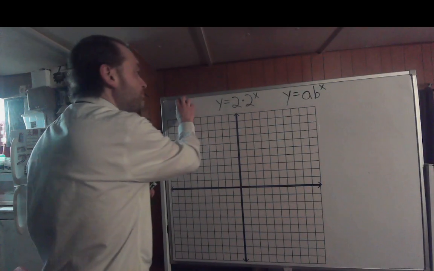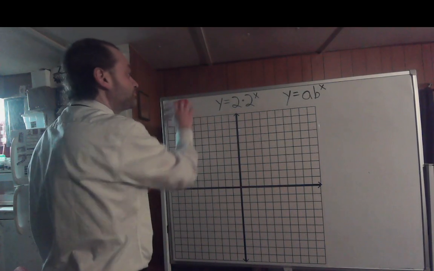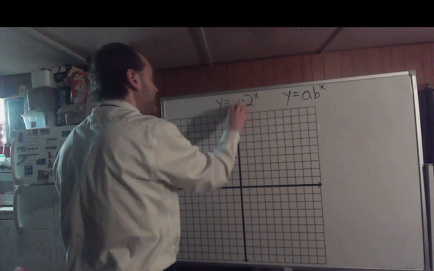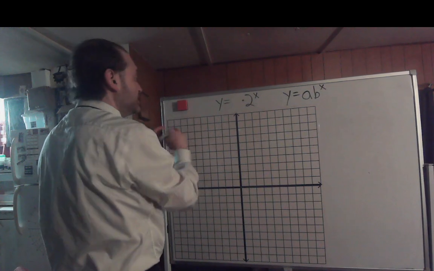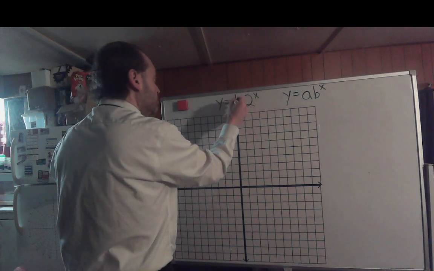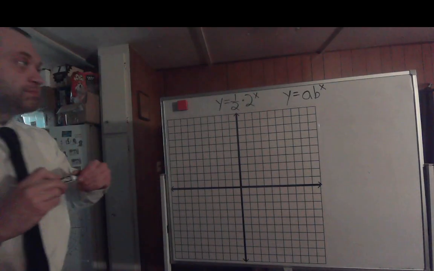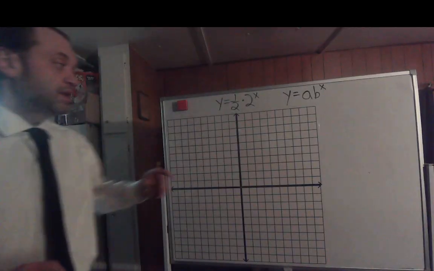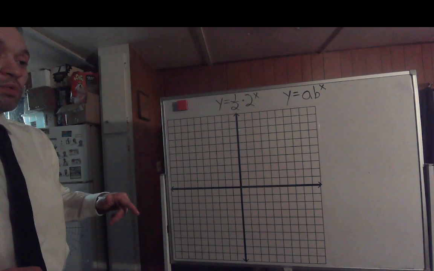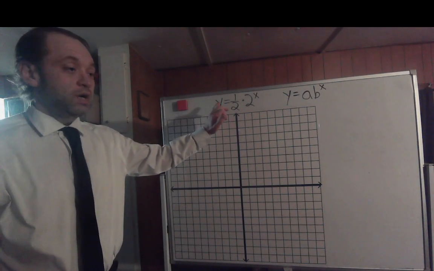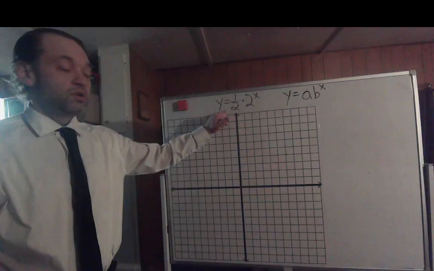But anyway, let's say now, this time I'm going to do 1/2 times 2 to the x. So I'm taking this 2 to the x times 1/2. Well, you have a vertical shrink of factor of 2.